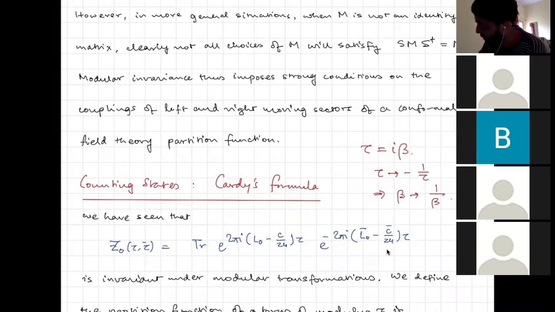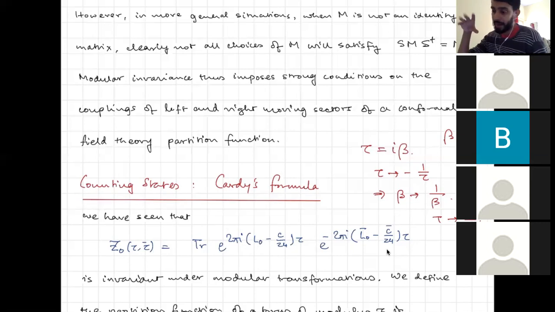So now beta is what? Beta is 1 over T, right? So this essentially means that there's a T going to 1 over T symmetry when you define things on this T2. If you're looking at theories on the torus, there's this weird symmetry that arises between low energy states and extremely high energy states.